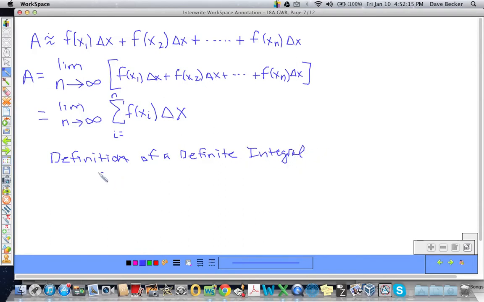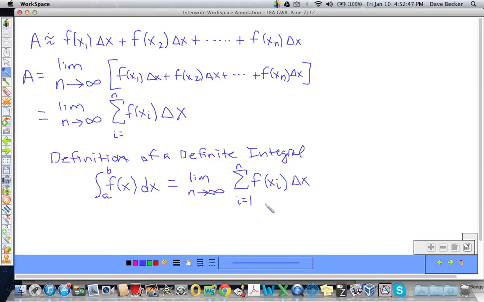The integral from a to b of a function f of x, a continuous function f of x, dx is equal to the limit as n goes to infinity of the sum from i equals 1 to n of f of x sub i delta x.